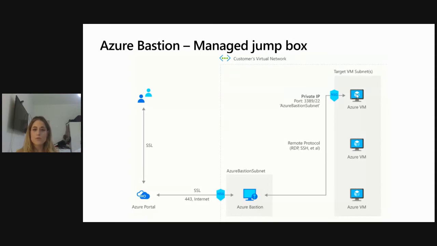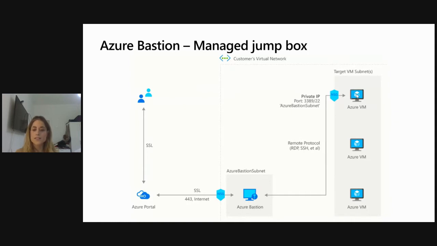Anyone who wants to get to any VM, no matter where in the world he is, needs to log into the Azure portal. Then he logs into the Azure Bastion, again with his Azure AD credentials, which is awesome. And only from there can he log into his machines. So we get all of that without a single public IP, not even for the jump box as we used to.